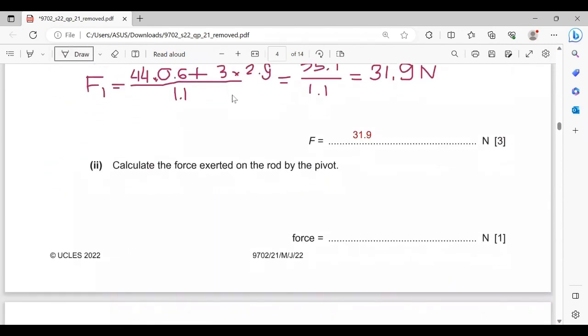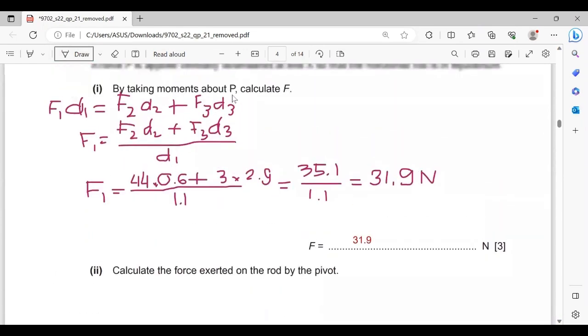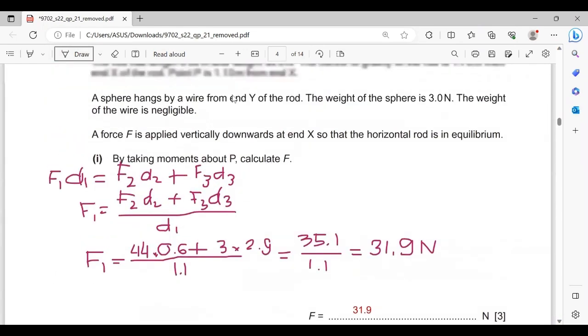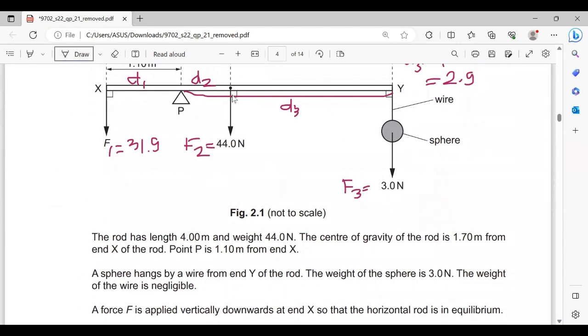Calculate the force exerted on the rod by the pivot. It means we are going to calculate the total force, which consists of F1, F2, and F3. So force equals F1 plus F2 plus F3.